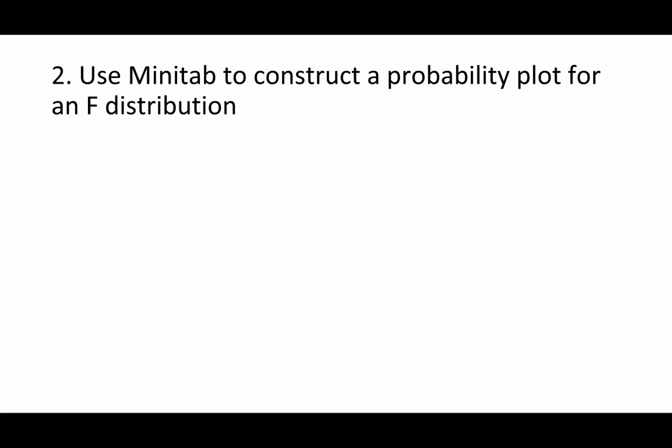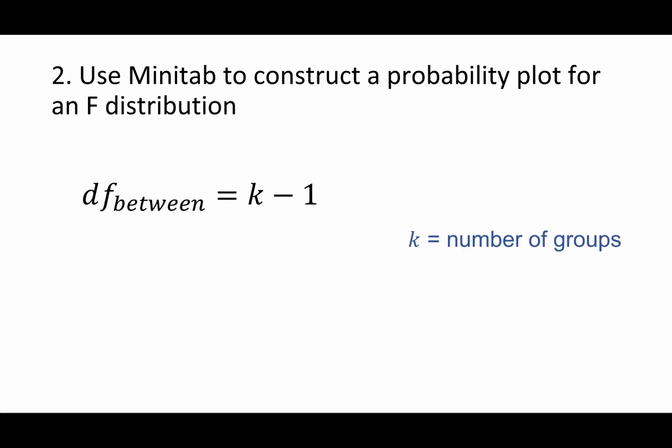The degrees of freedom are separated into degrees of freedom between groups and degrees of freedom error or degrees of freedom within groups. Degrees of freedom between groups is equal to k minus 1, where k is the number of groups. Minitab Express will call this the numerator degrees of freedom.